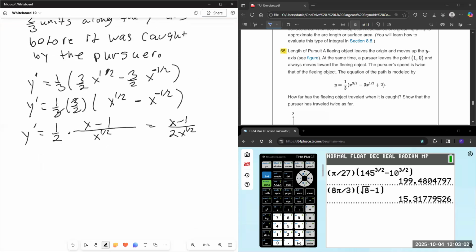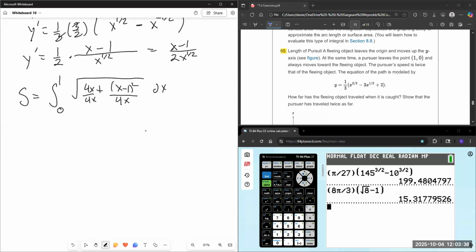Now, the arc length of the pursuer traveling from 0 to 1. It's the same path as traveling from 1 to 0, the same distance, but I'm going to put 0 to 1 in there. And this is going to be the square root of 1 plus this thing squared, so x minus 1 squared over 4x. So I'm going to make this 1 into 4x over 4x dx.